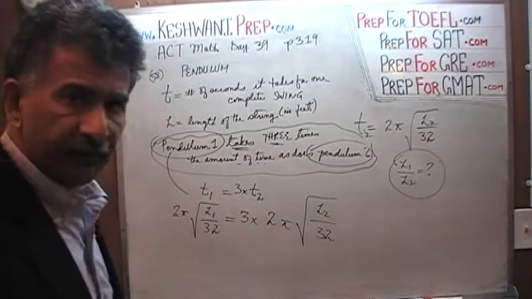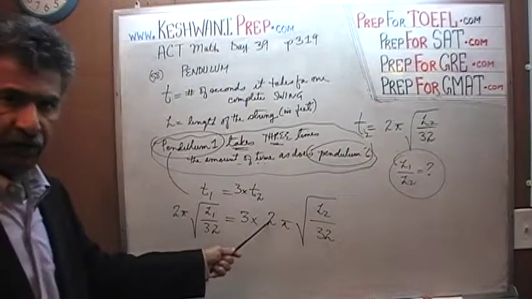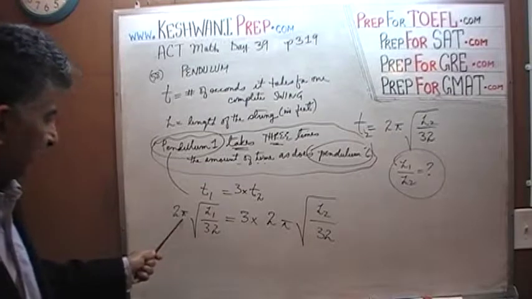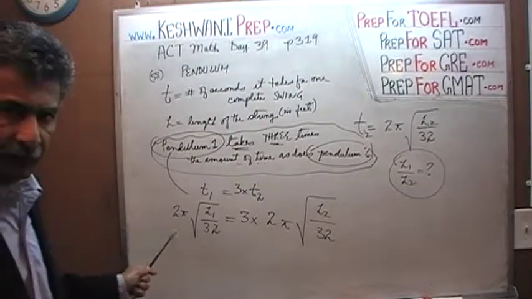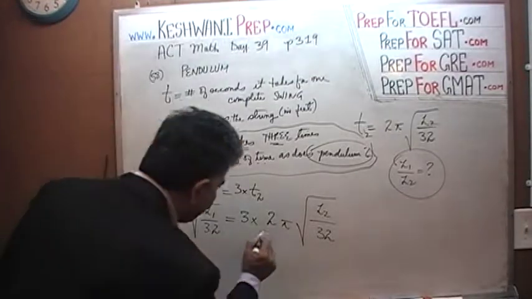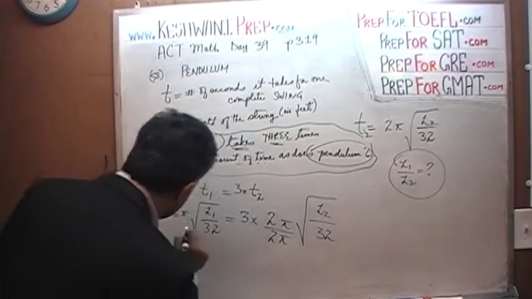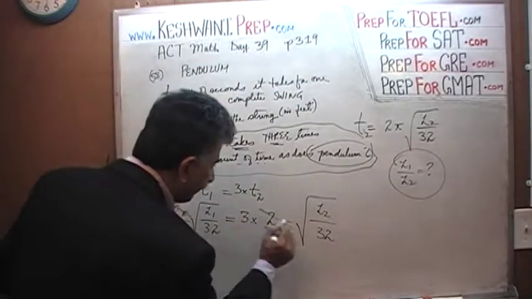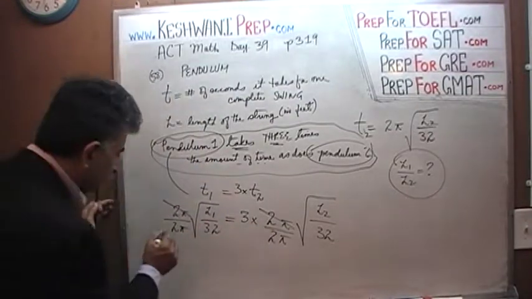The very first thing we see is 2 and pi on this side of the equation, and 2 and pi on the other side. Why don't we divide both sides of the equation by 2 pi, so that we can cross out the 2 pi's? Of course, they cancel out.